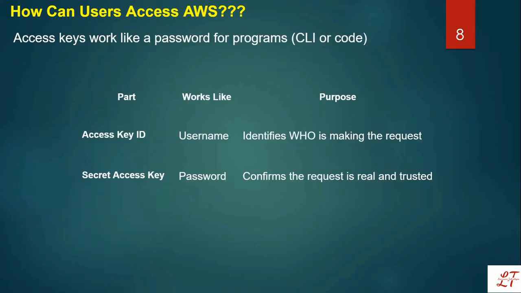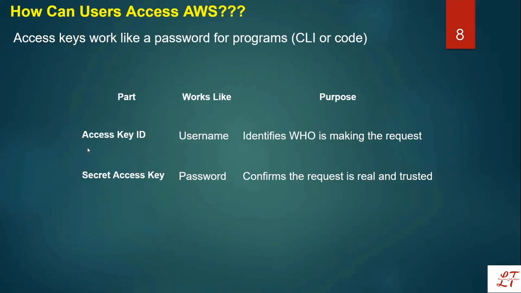The access key works like a password for the program, like the command line interface or the code. So you need to understand the access key ID and the secret access key. The access key ID works like a username, whereas the secret access key works like a password.